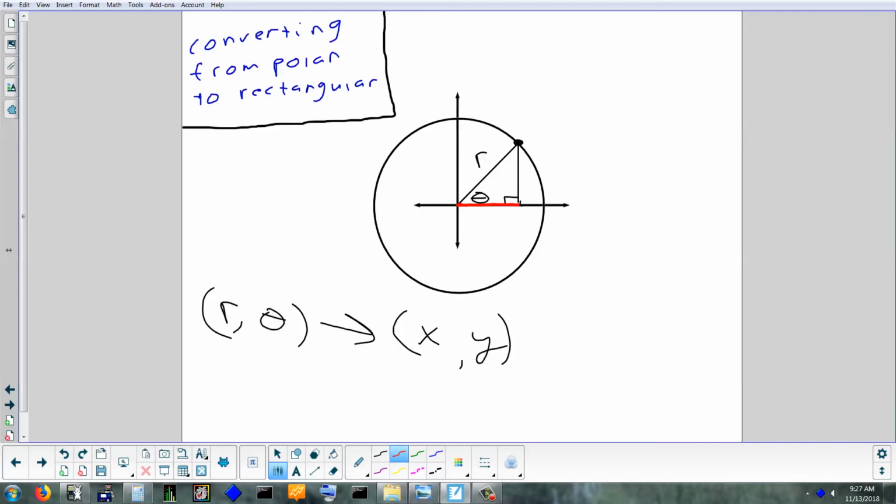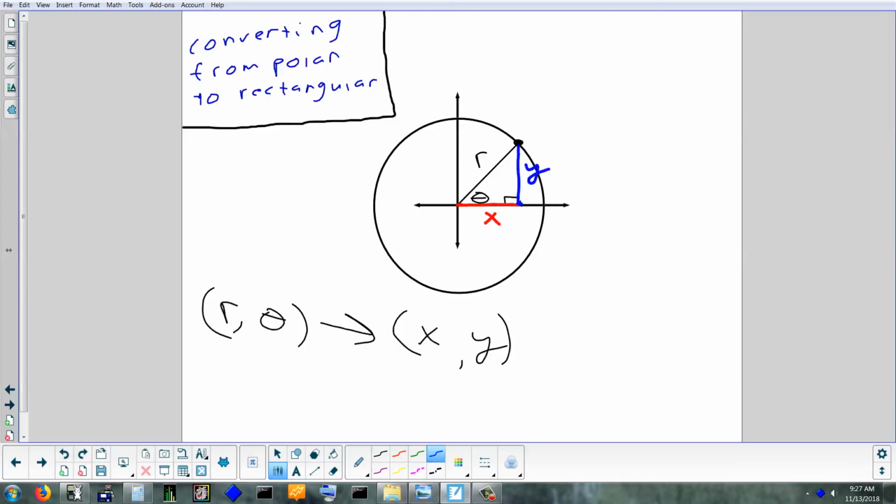X tells you from the origin, move left or move right, a certain number of units. So that's your x. And then from there, we're going up. What letter in an xy coordinate would give you the length of that segment in blue? That's your y.